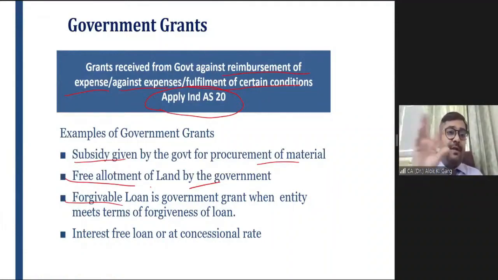So the difference between 10% and 5% has to be treated as a government grant. And how does this loan have to be measured? The loan has to be measured as per Ind AS 109. So you have to do the amortized cost calculation, what you have read in Ind AS 109, so that the concession is treated as a grant in this standard.